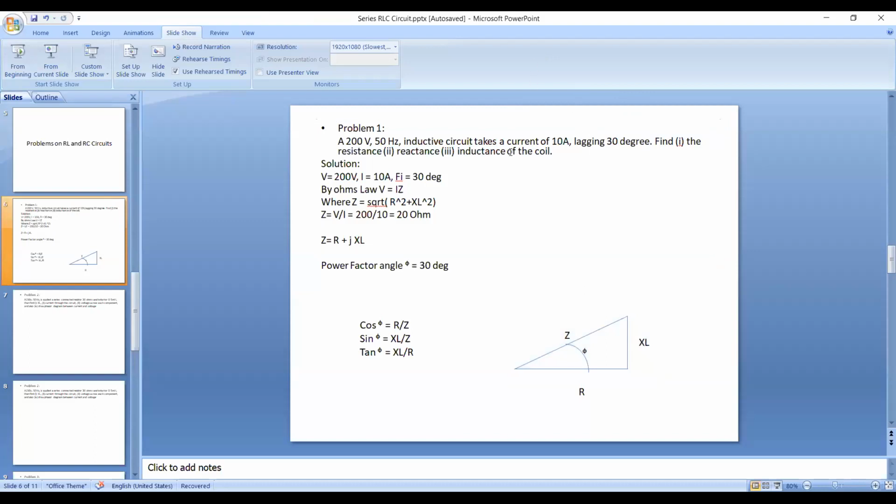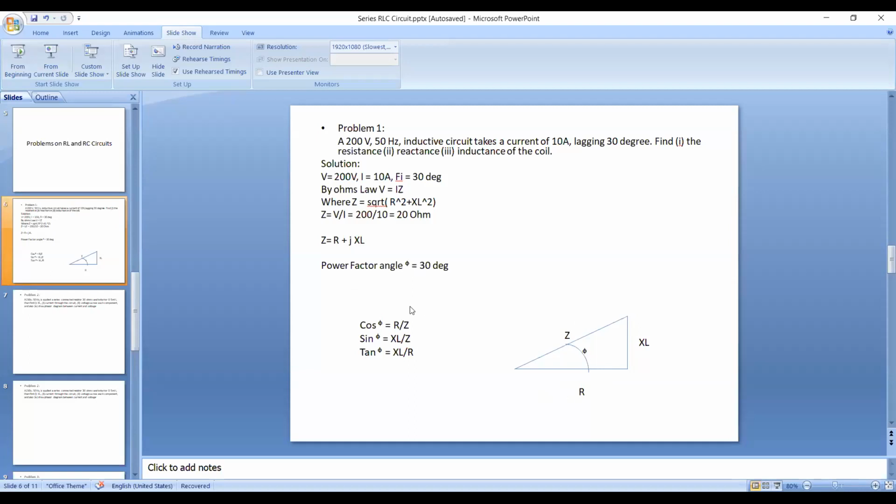for the RL circuit because they have told inductance of the circuit. The x coordinate is R, the y axis parameter is XL, and the resultant is Z. You can apply trigonometry: cos phi as adjacent by hypotenuse, sin phi as opposite by hypotenuse, or tan phi as opposite by adjacent.